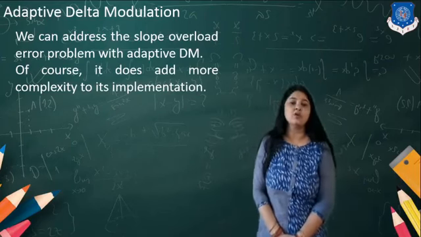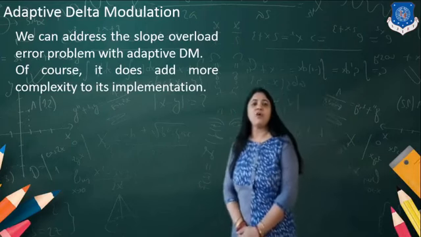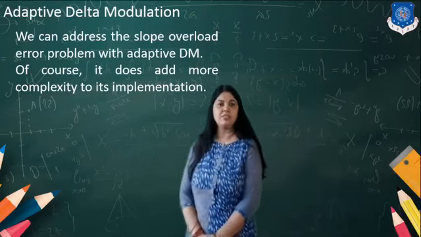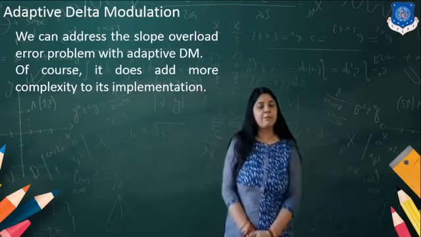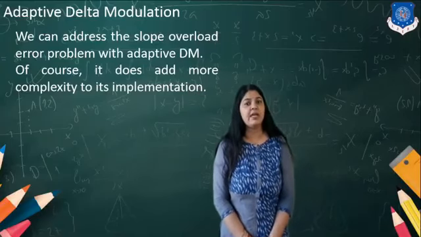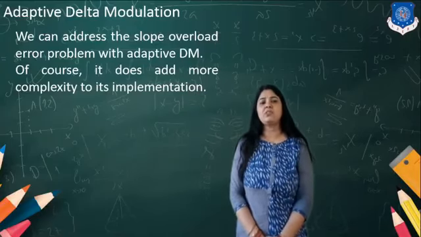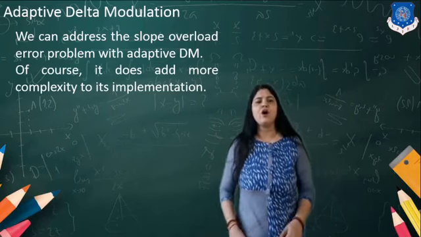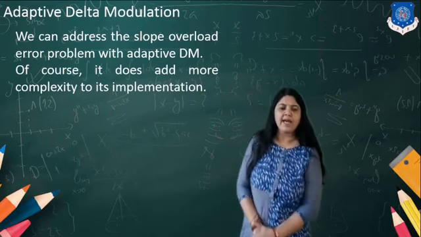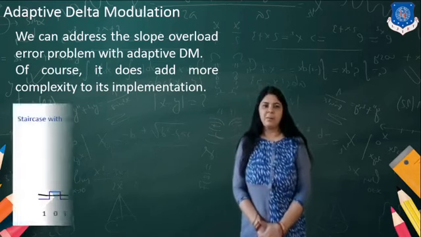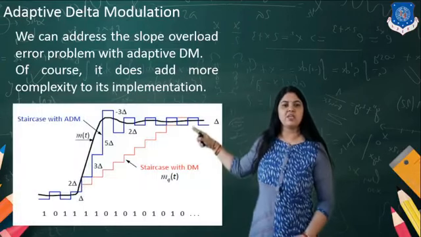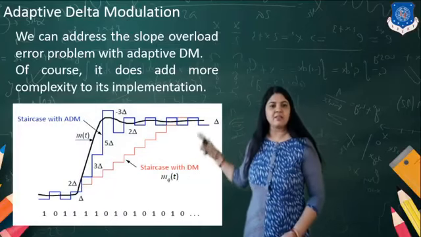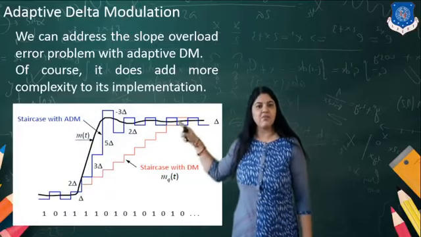What is the usefulness of adaptive delta modulation? Using adaptive delta modulation, we can remove the problem of slope overloading, and of course it does not add much complexity to the implementation. Here you can see in the diagram that the step size can be varied.